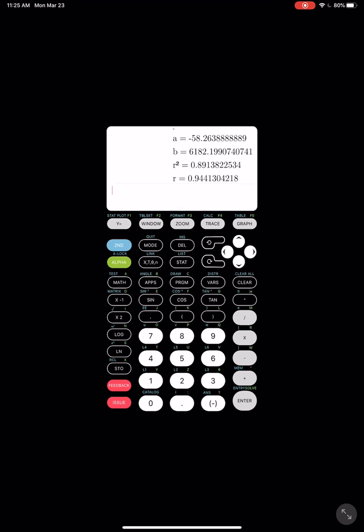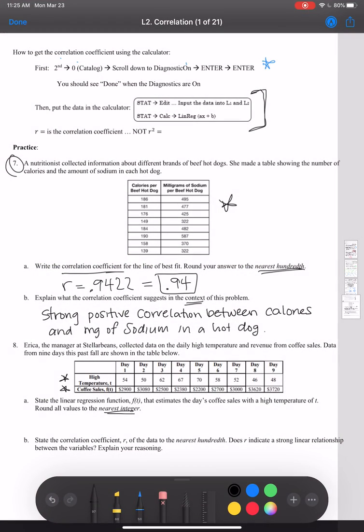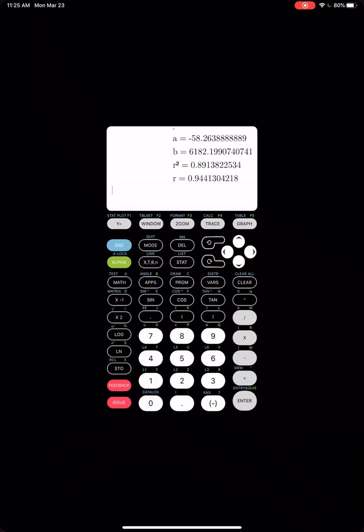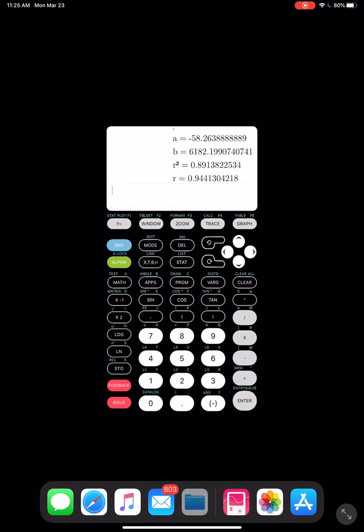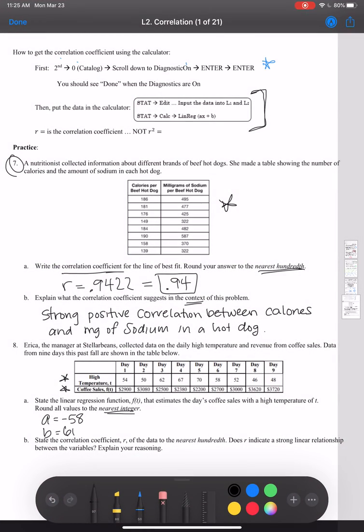Remember, we were told to round to the nearest integer, so our a value is negative 58, so let's write that down. a equals negative 58, and b is equal to 6,182. Okay. So our equation, remember, y equals ax plus b.